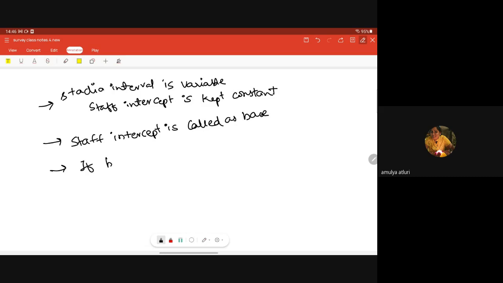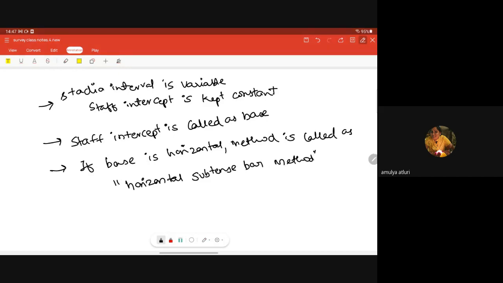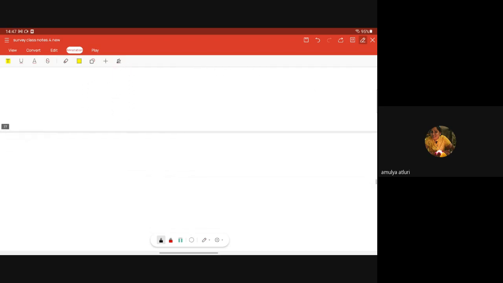So let's learn this horizontal subtense bar method.